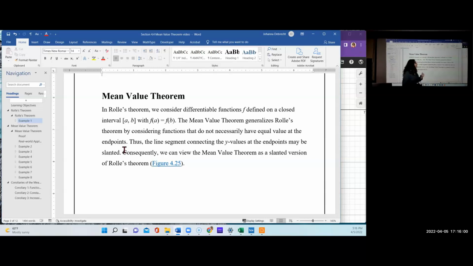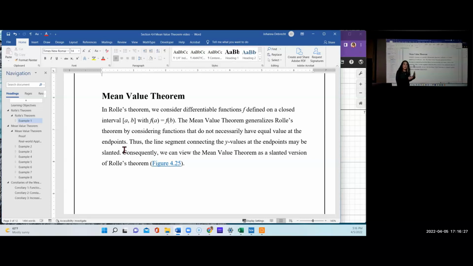In fact, what the mean value theorem does is generalize Rolle's theorem so that the outputs, the y values at the endpoints, do not necessarily have to have the same value. That's a pretty big restriction, that the y values at the endpoints be the same.